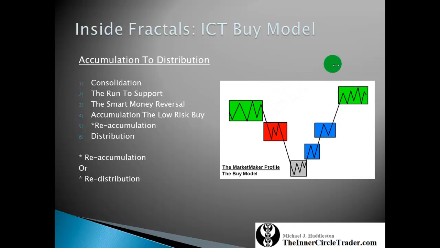Okay, and now we're going to talk about some specifics. What is it that you're specifically looking for, or what should capture your eye or perspective on the market at any given time where this price pattern or fractal should be forming? In other words, where should this particular pattern take place?